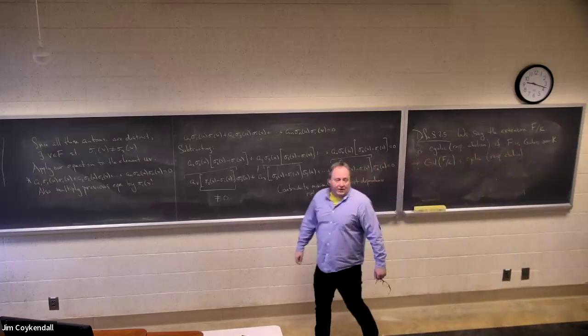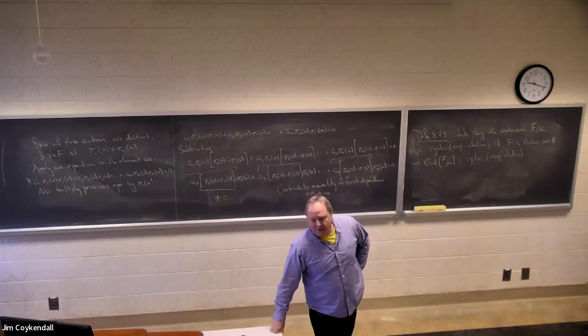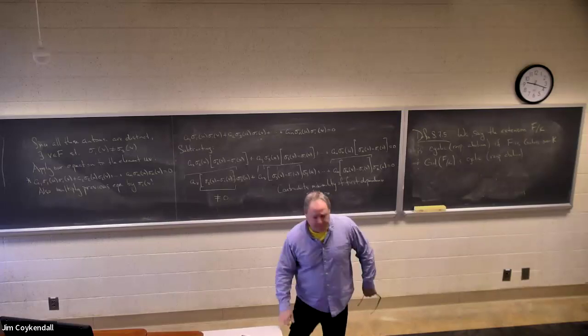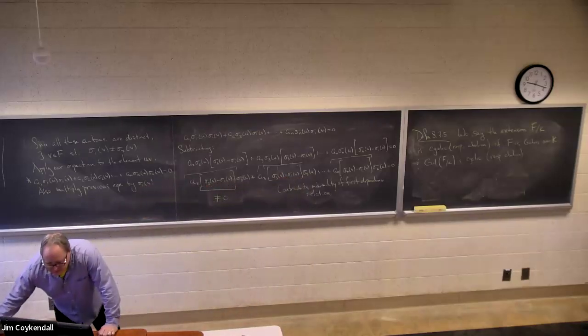In fact, we know of a large class of cyclic extensions, namely any finite extension of finite fields. The Galois group in that case is always cyclic, and of course, any cyclic group is abelian.